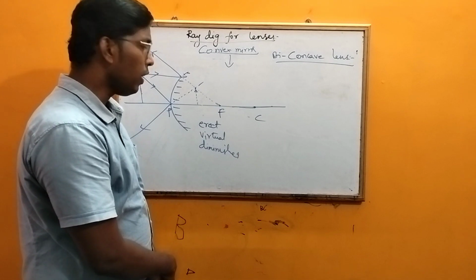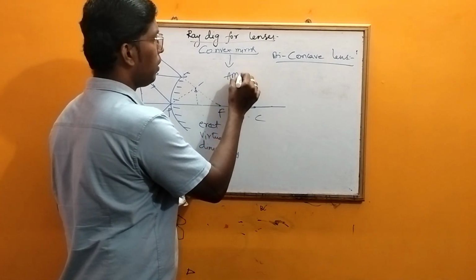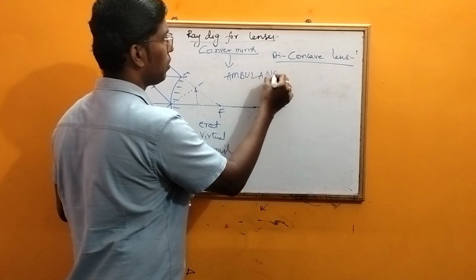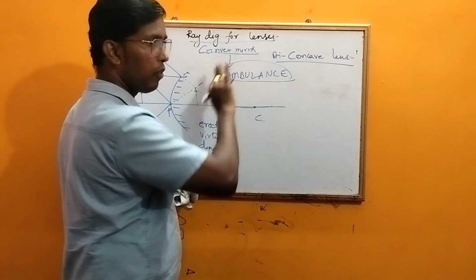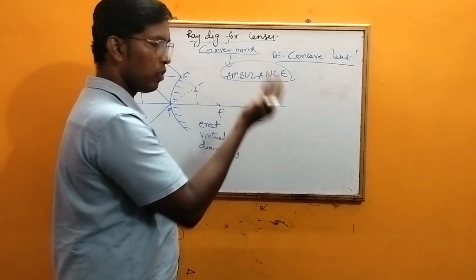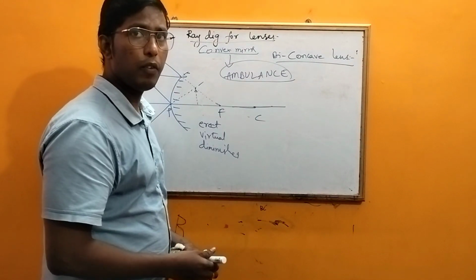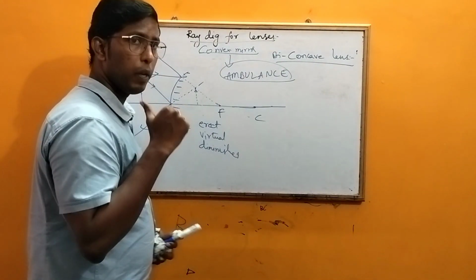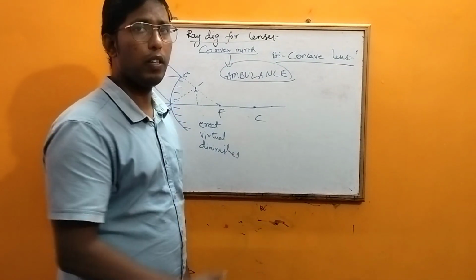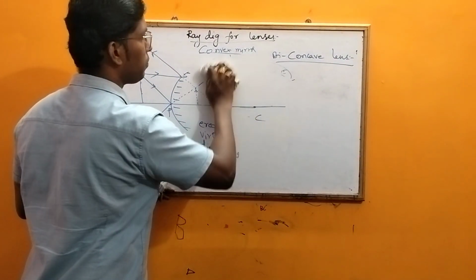Also, if you see the letters on an ambulance, they are written reversed, because when we see them in the mirror they look correct, so that we can understand that the ambulance is behind us and we give space for the ambulance to pass. Okay, this is about convex mirror.